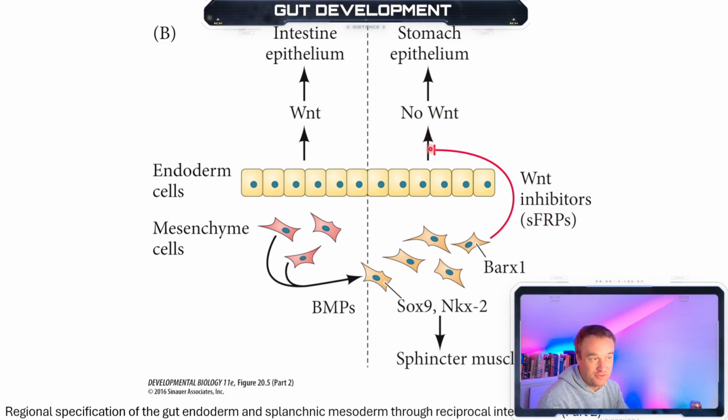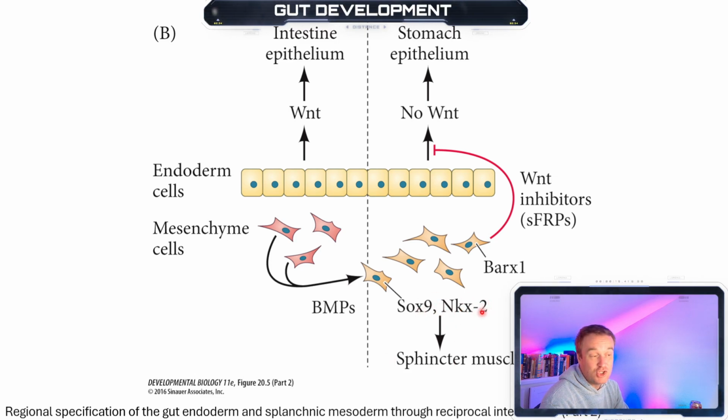WNT is always another one of our big players that we talked about a lot in this class. So BARX1, through SFRPs, inhibits WNT, which then leads that part of the digestive tract to turn into stomach, okay?